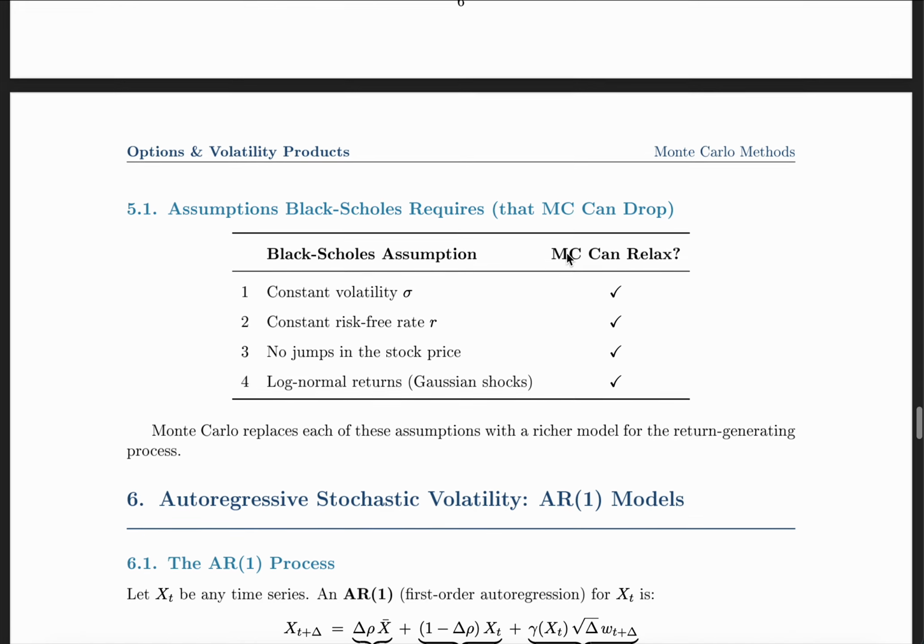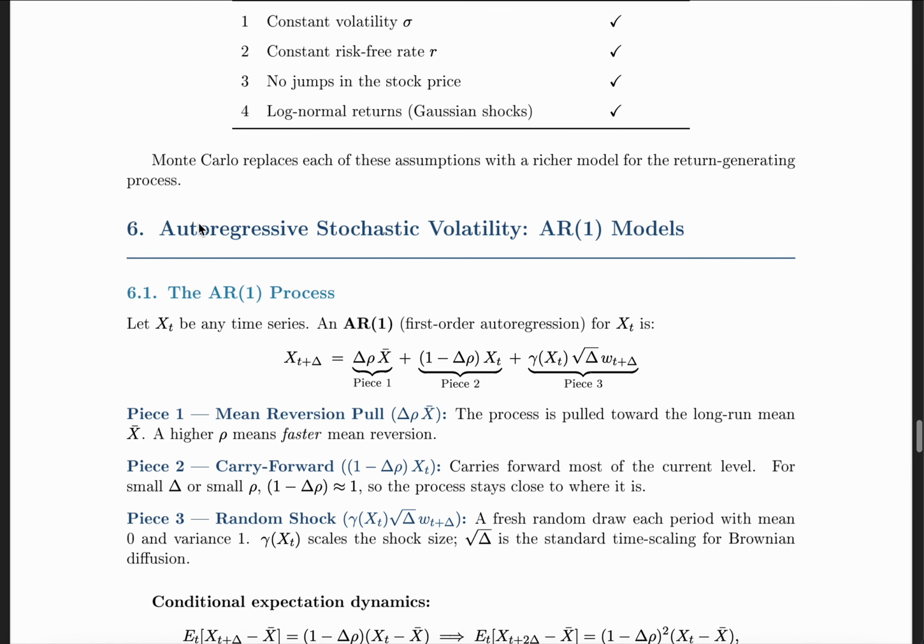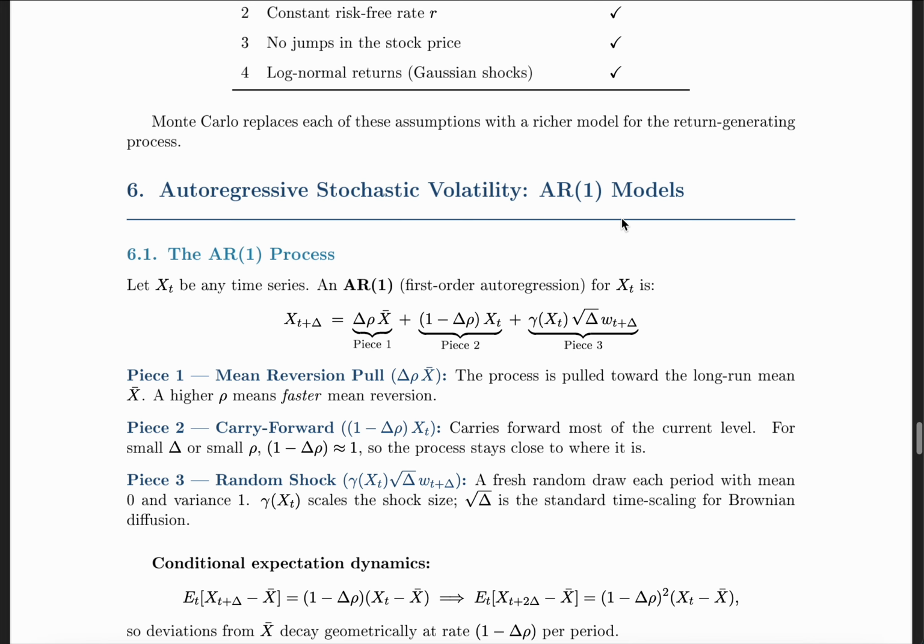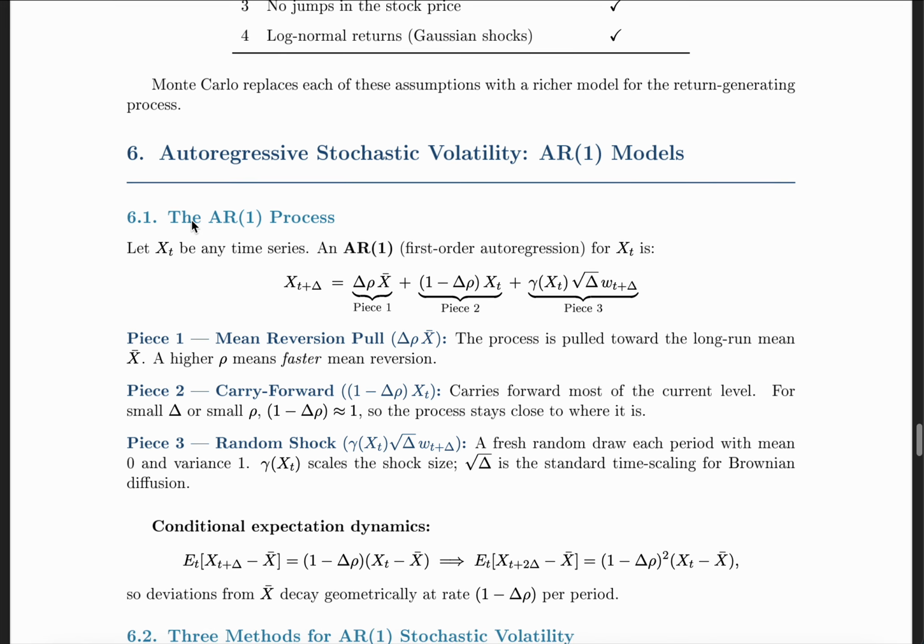So I put together this PDF, and today we're going to be starting from chapter 6, which is one of the simplest ways to model volatility. It just says that volatility follows an AR1 process, which means that it is mean reverting.